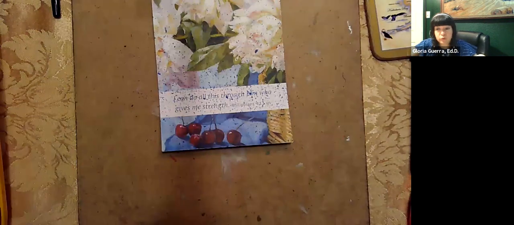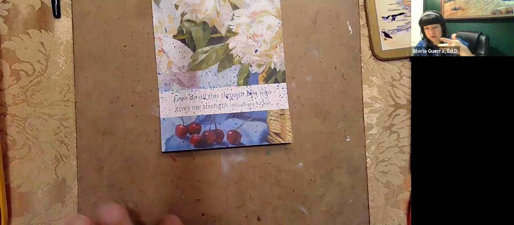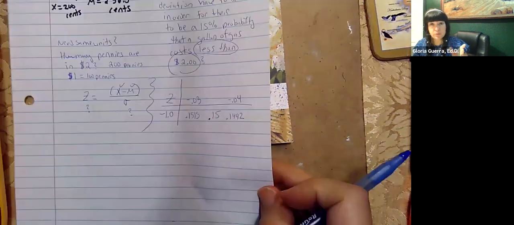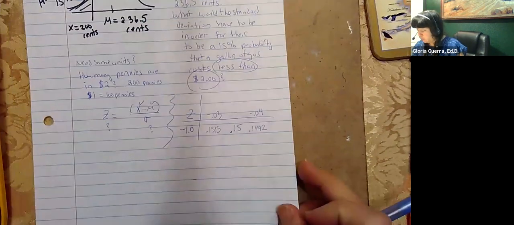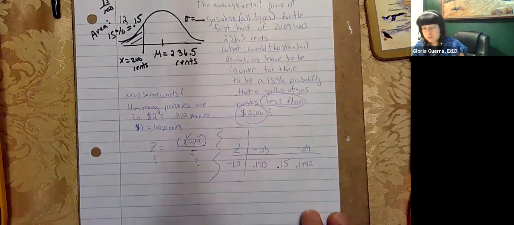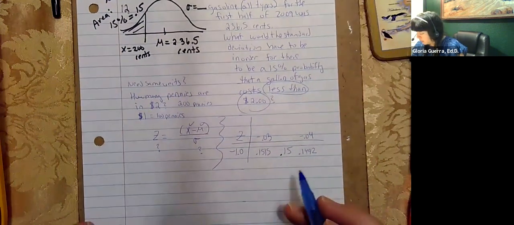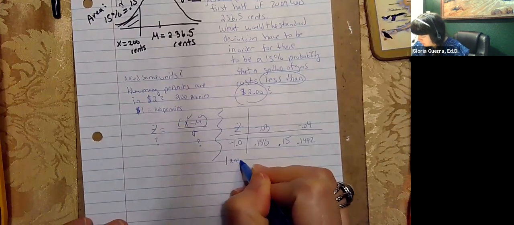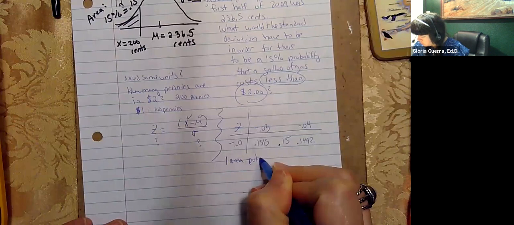We're using a table first, and then I'll find it using the calculator, the inverse norm, in a little bit. But let me do it on the table first. Now I need to subtract. Remember, it's absolute value of area minus potential.